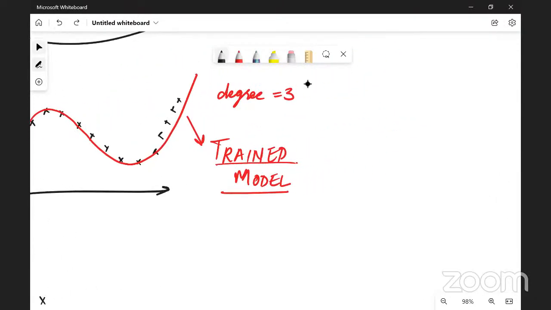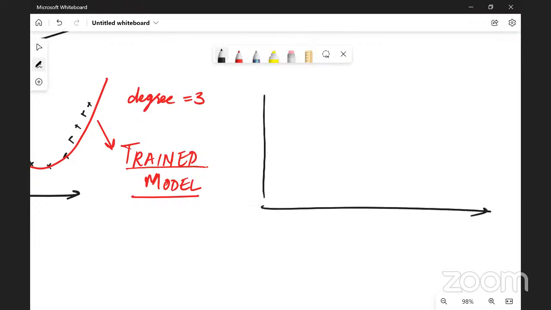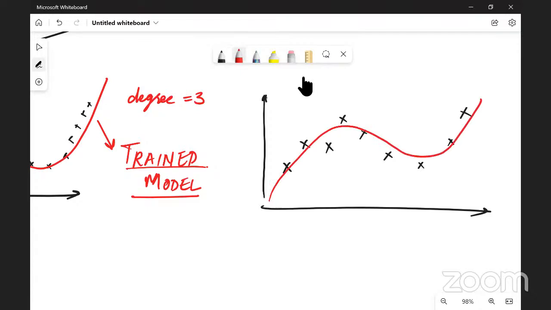Maybe I should have taken a more sparse data. So imagine this. These are your points. This is how it looks. So this might be a very good fit. However, this might be an overfit.